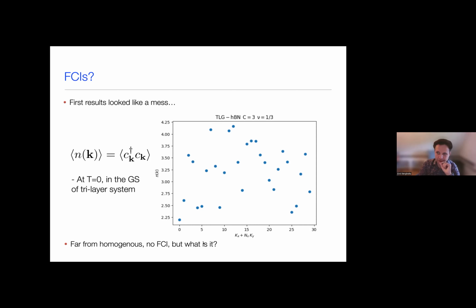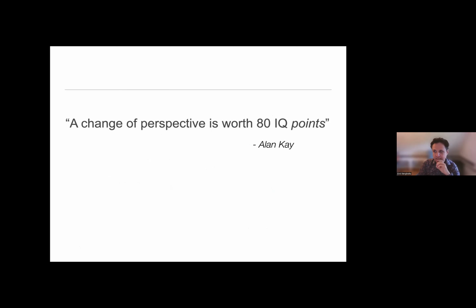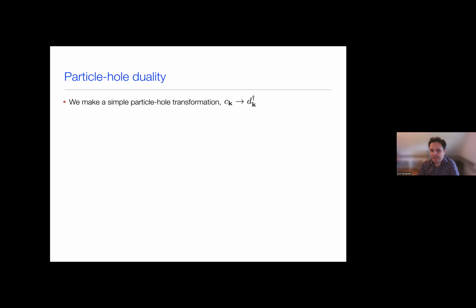Then we thought a little bit about it, and thinking about this kind of attitude, a change of perspective is worth 80 IQ points. And since we couldn't increase our IQ, we could at least change our perspective. So we tried describing the same problem in terms of holes instead of electrons.